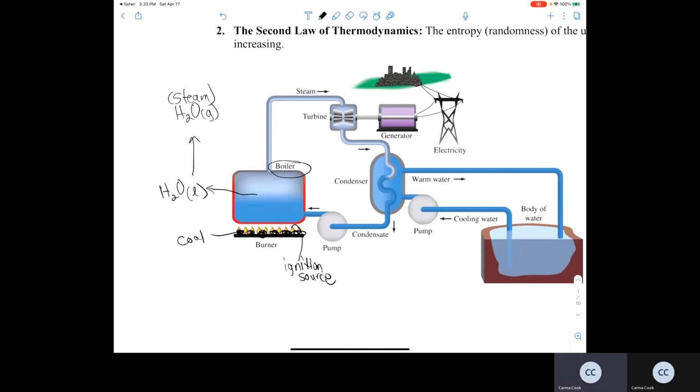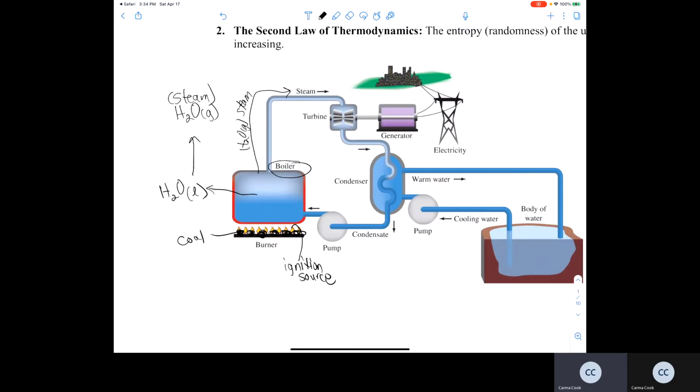And that steam moves because it is now water vapor or gas. Remember the beginning of the semester, first chapter, we said that gases have kinetic energy. Gases, those particles are spaced out far apart from each other.